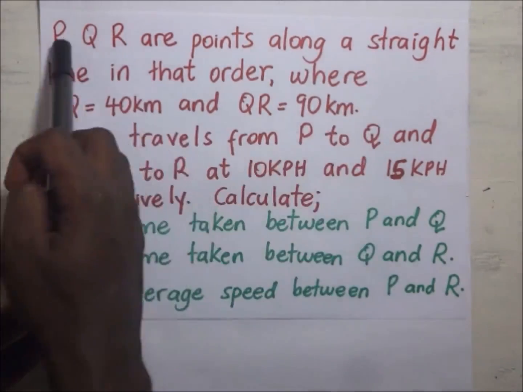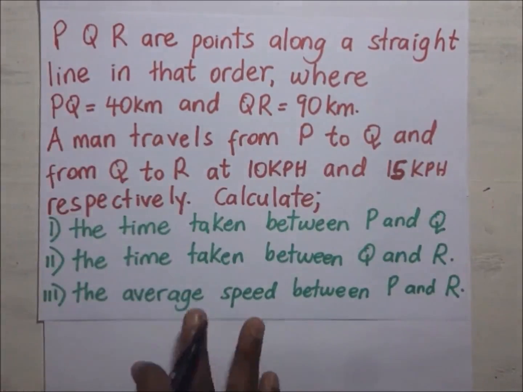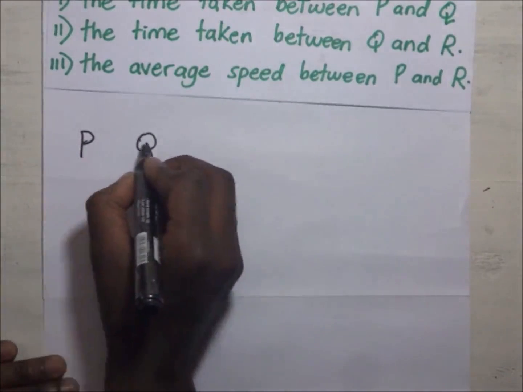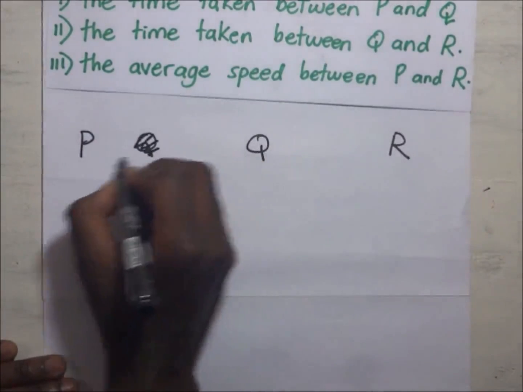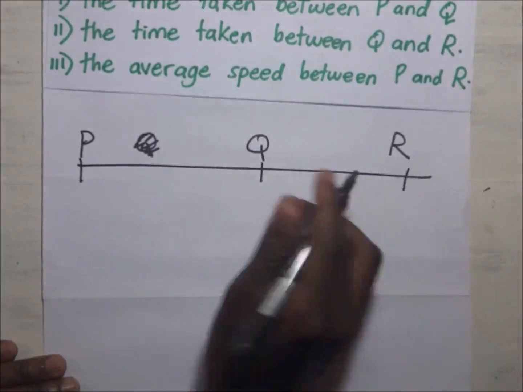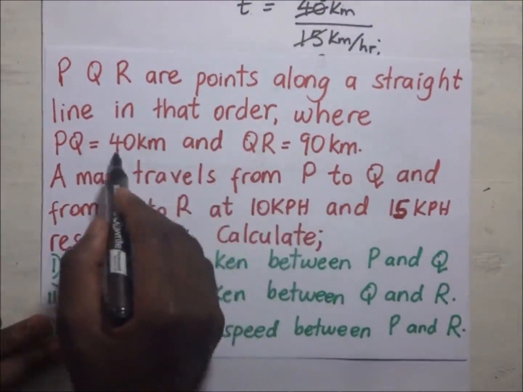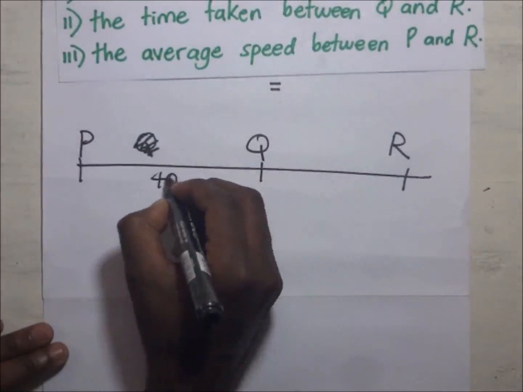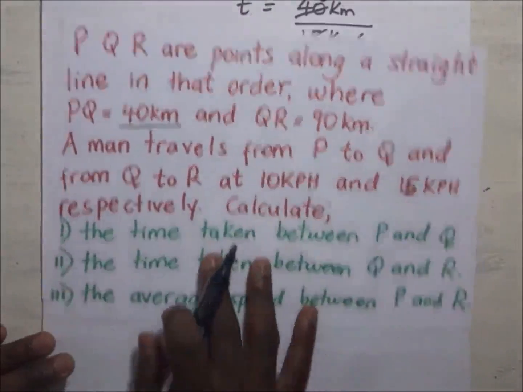P, Q and R are points along a straight line, so we illustrate those in the diagram. We have P, Q, and R. They're telling us that PQ is 40 kilometers, so from P to Q is 40 kilometers, and then Q to R is 90 kilometers.